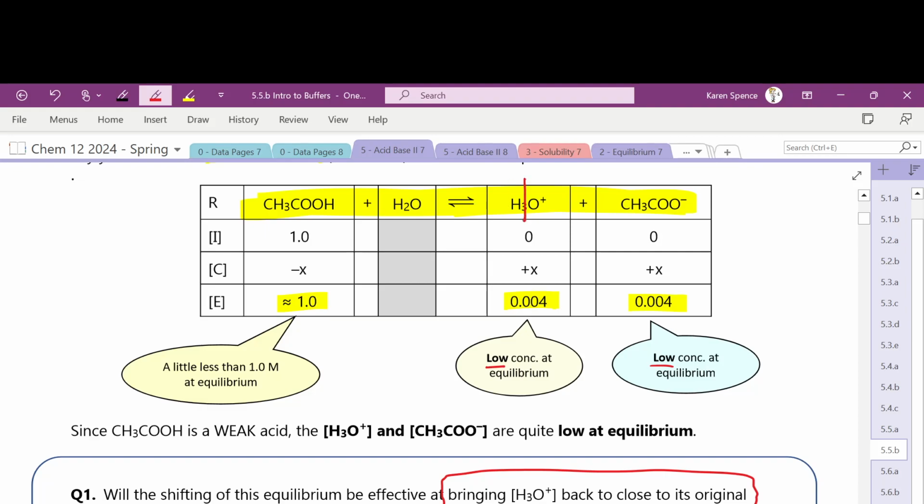Okay, and if the concentration of H3O plus is decreased, what can the system do? It can shift to the right. What will that do to the concentration of H3O plus? It will cause it to increase.